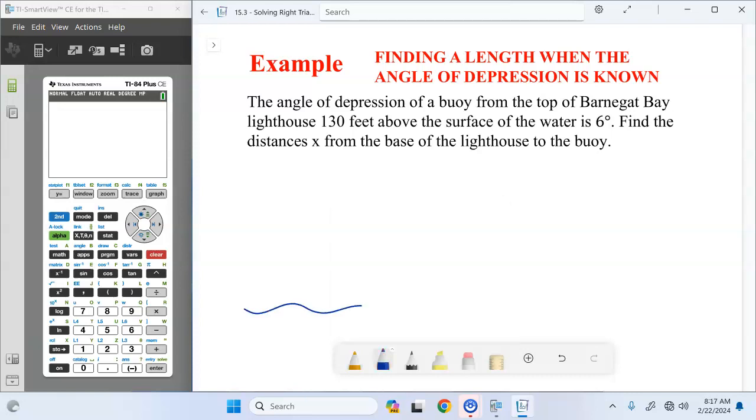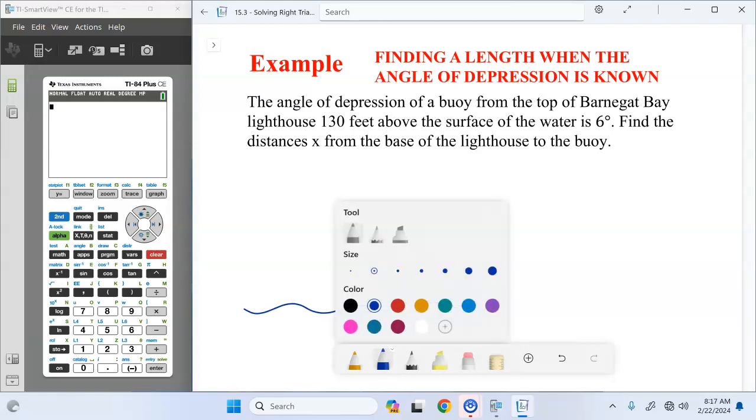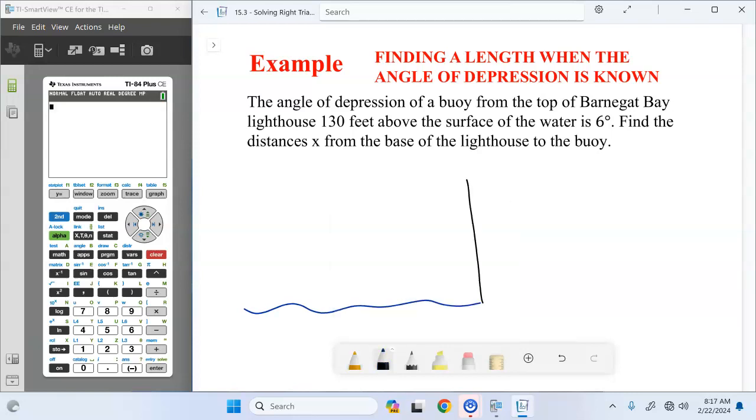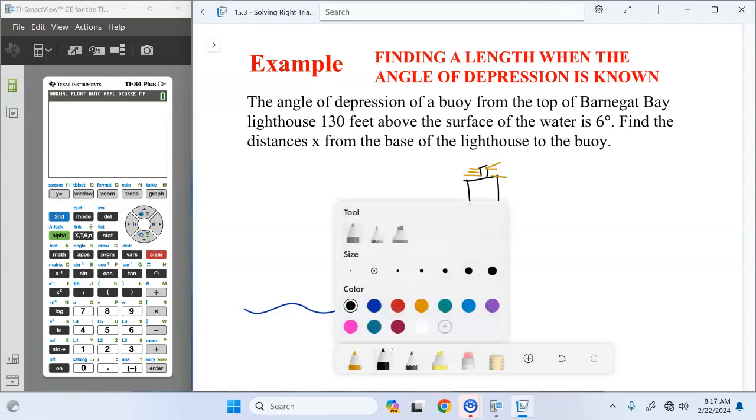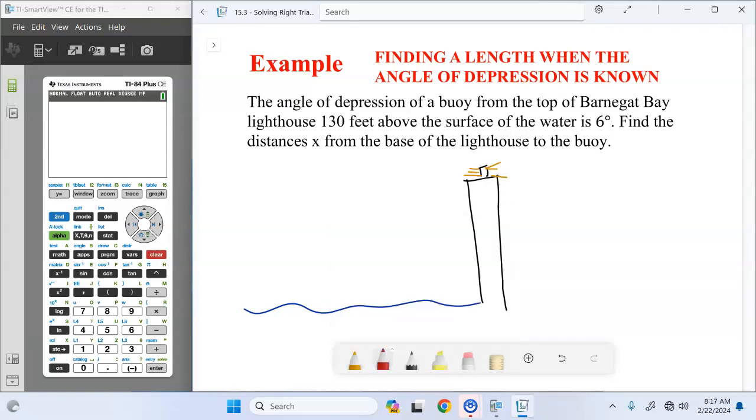So we've got water and the lighthouse. There's a little light. Okay, and in the water, off in the distance, we've got a little buoy. So the angle of depression of a buoy from the top of the lighthouse.